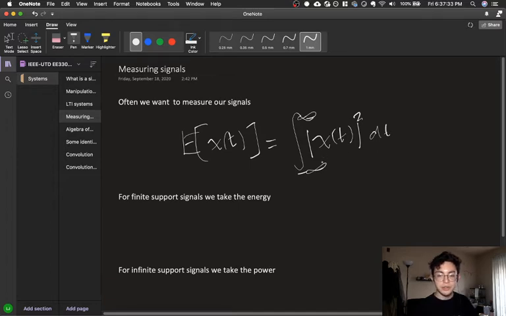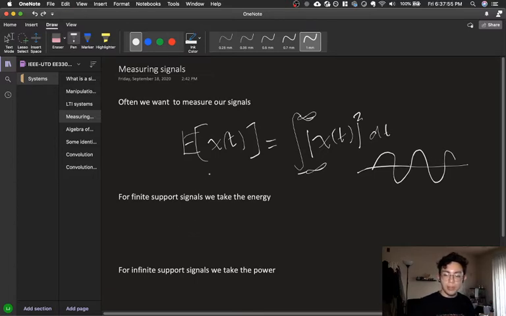One thing I always used to forget is this magnitude squared part. It's because we don't want negative values contributing. We just want an overall picture of how much area is contained in this signal.